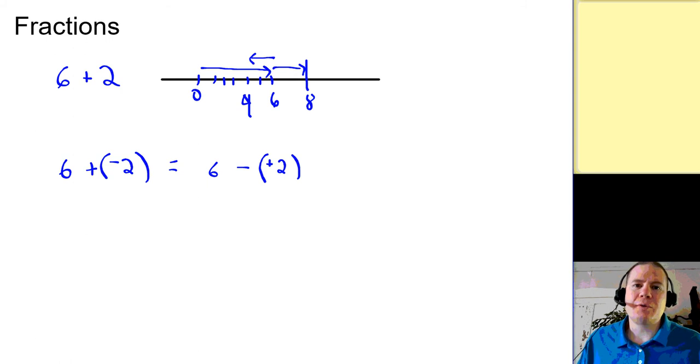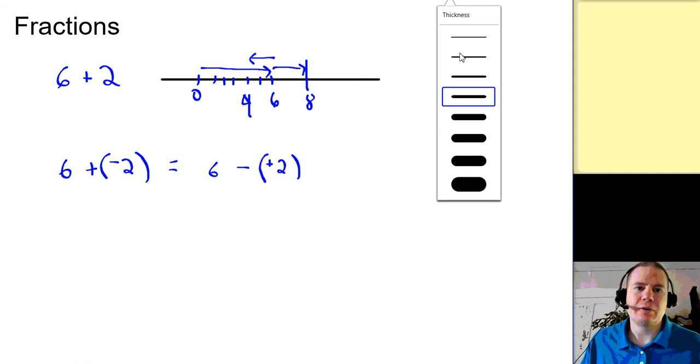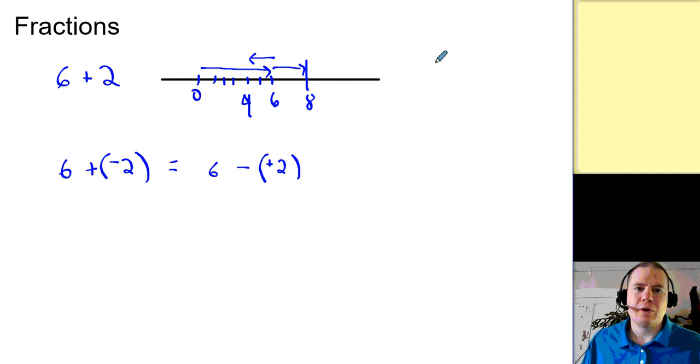That's exactly what's going on with fractions. 6 times 2, I'm taking my 6 and I'm not moving some other amount.